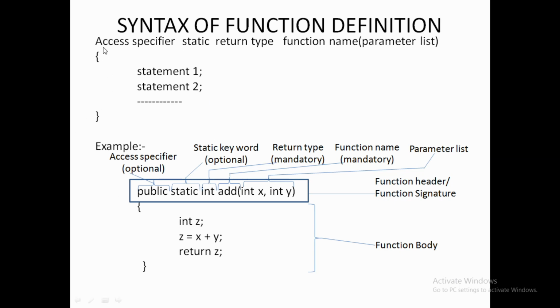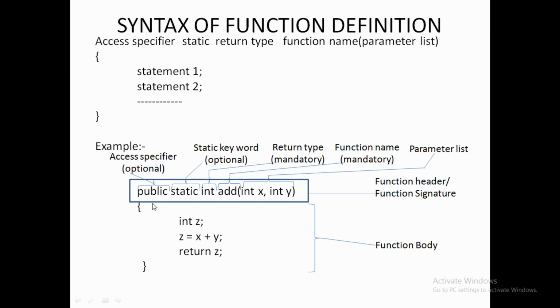So a function definition consists of this line, which consists of access specifier, static, return type, function name, parameter list, and this part where a group of statements is written inside an opening curly bracket and a closing curly bracket.